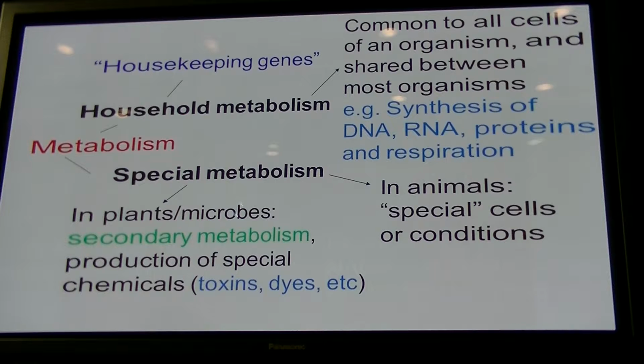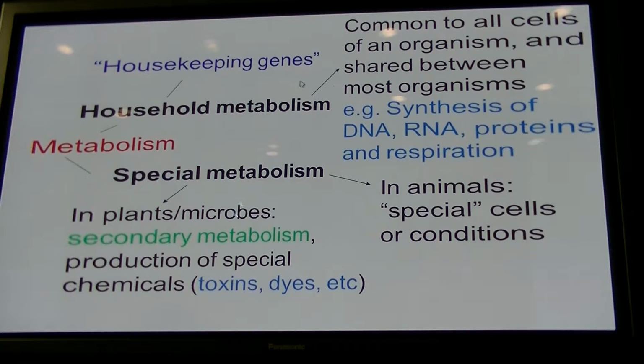Okay. Now we can make a distinction: there's a metabolism that every cell has, and then there are forms of metabolism, branches of metabolism, that are not found necessarily in every cell or in every organism.